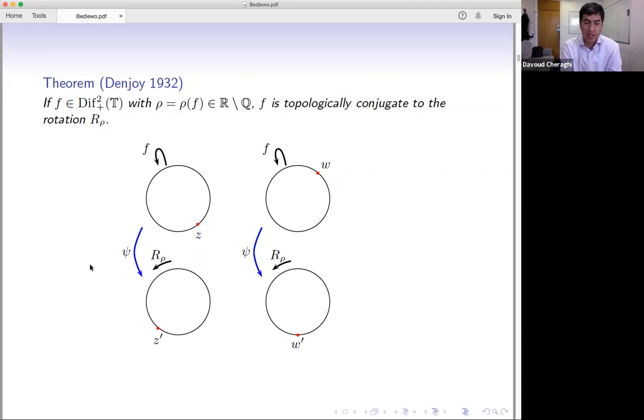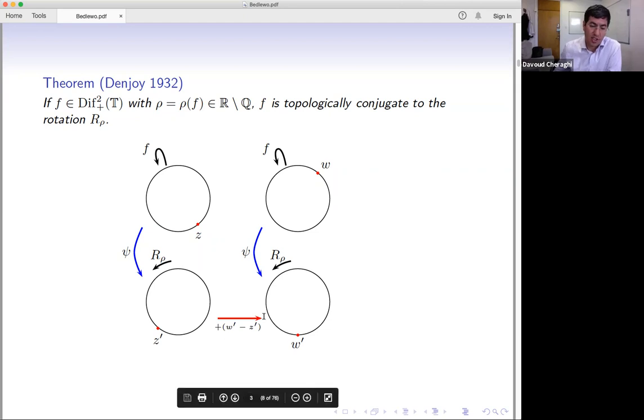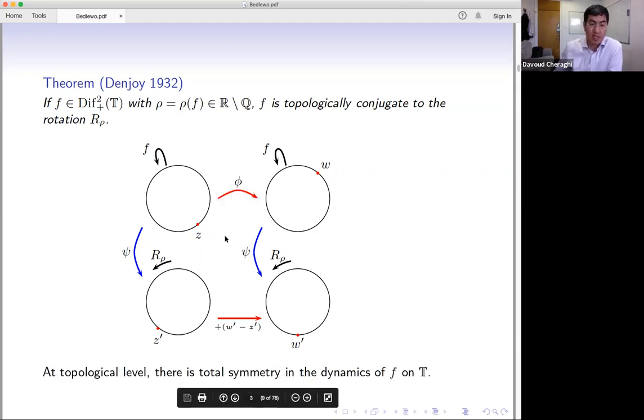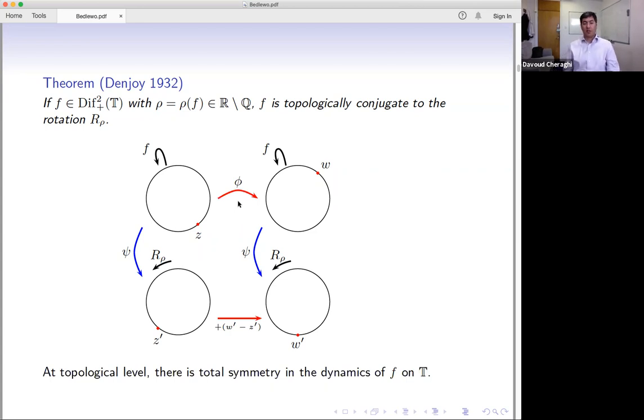Obviously, there exists a map from the circle to the circle, a translation, which sends z prime to w prime. We can lift this translation under these maps psi and obtain a map upstairs, phi, which conjugates f to itself and maps z to w.